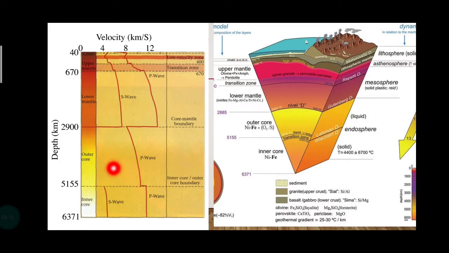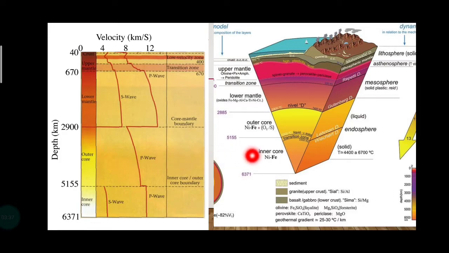So S wave does not pass through the outer core, which means it does not pass through liquid. Now in the inner core we find S wave and P wave both. So the inner core must be a solid.